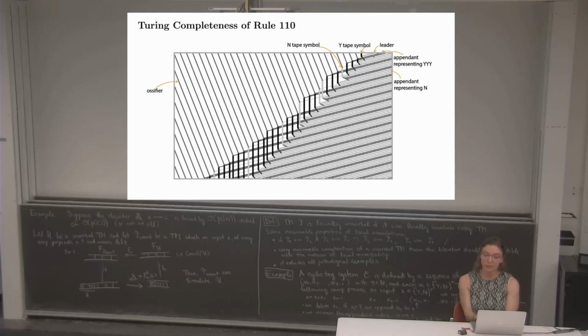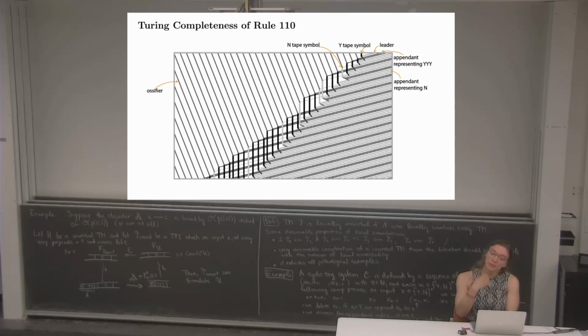So essentially, this is an infinite configuration which consists of a glider which represents YYY. Those are these three lines. Then there are some leader gliders, which also are something. And this is then followed by a glider representing N, and that is again followed by a glider representing YYY, and so on indefinitely.